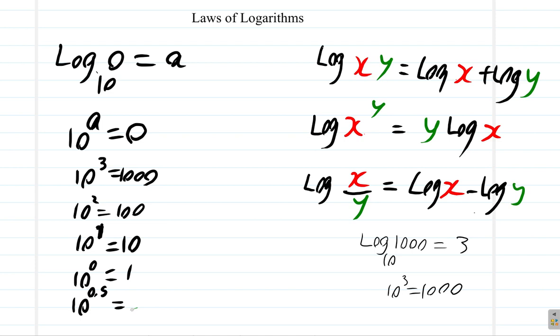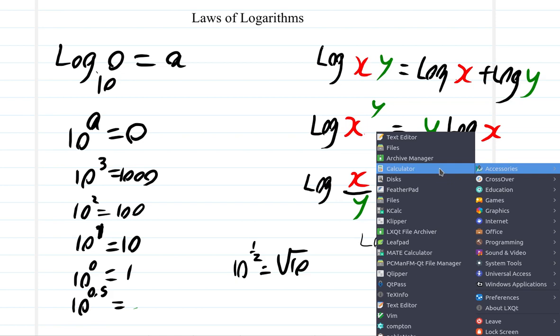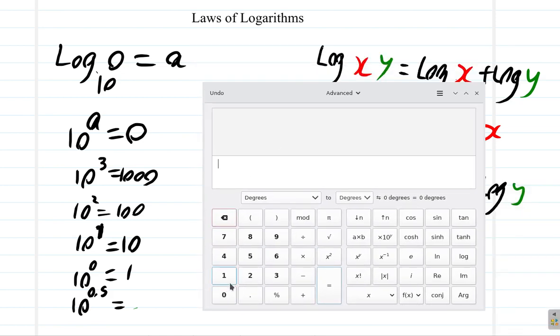10 to the 0.5. 10 to the half is equal to what? Remember the laws of indices. When you have 10 to the half, it means the square root of 10. Now, if we use our calculator and see what is 10 to the 0.5, we get 3.162, the same as the square root of 10.